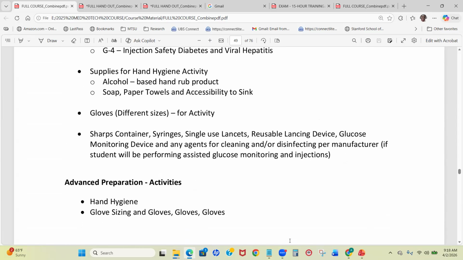The handout gives some images about how to go about all that. So take time and read through your handouts, understand what you're supposed to do, and practice it at home.